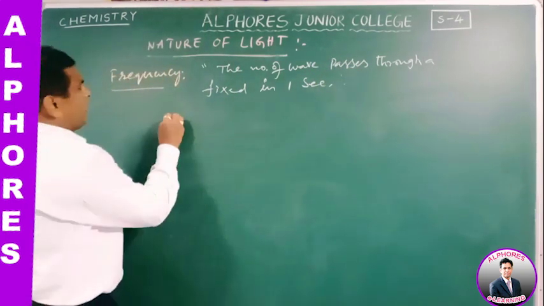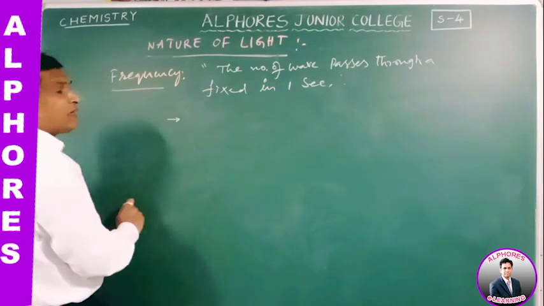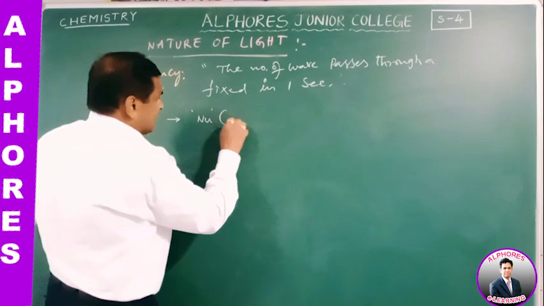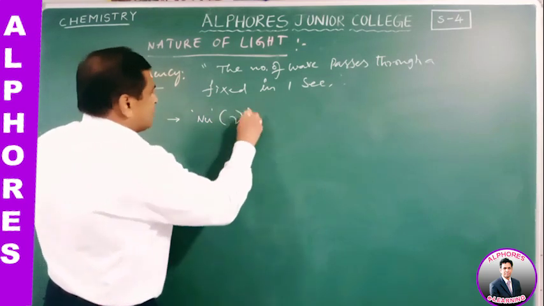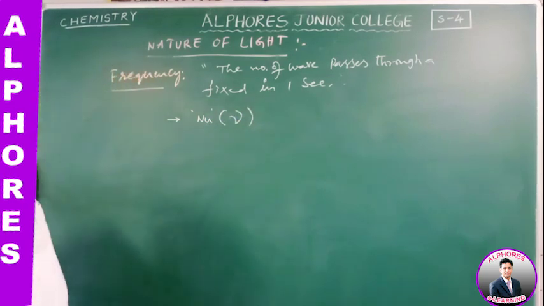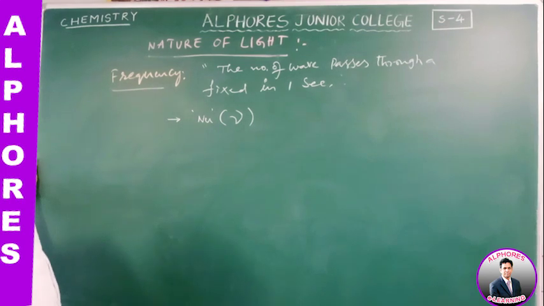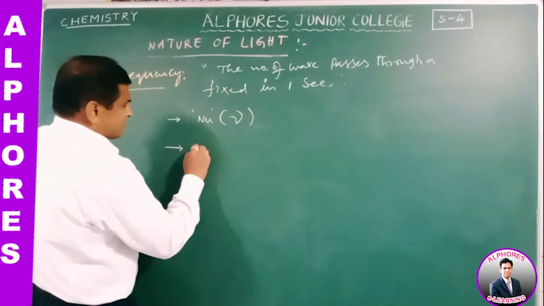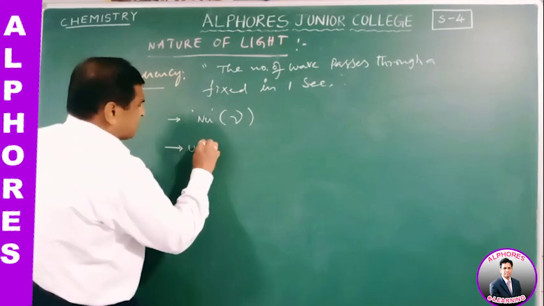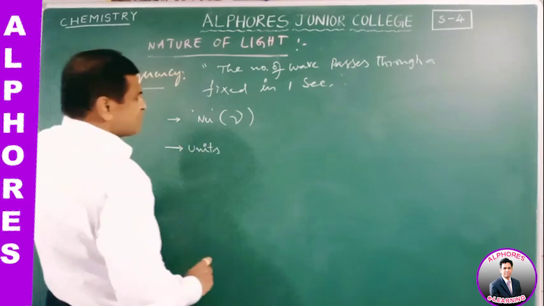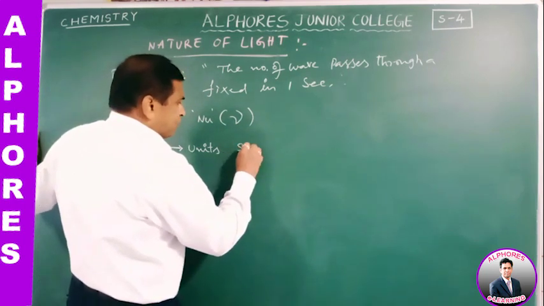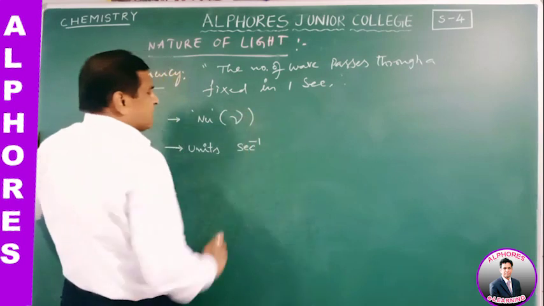And the second point is, it is denoted by the symbol nu, like this. And frequency of the electromagnetic light is expressed in the units per second.